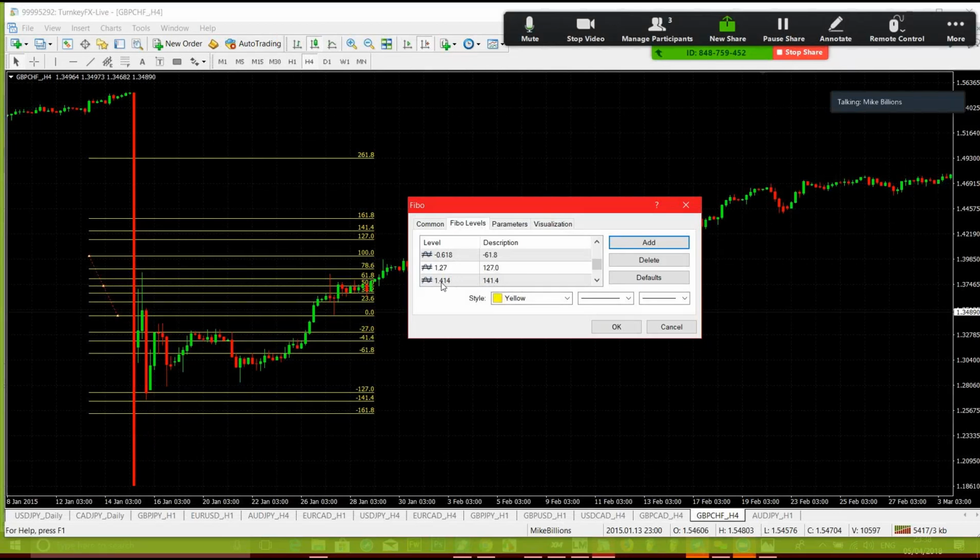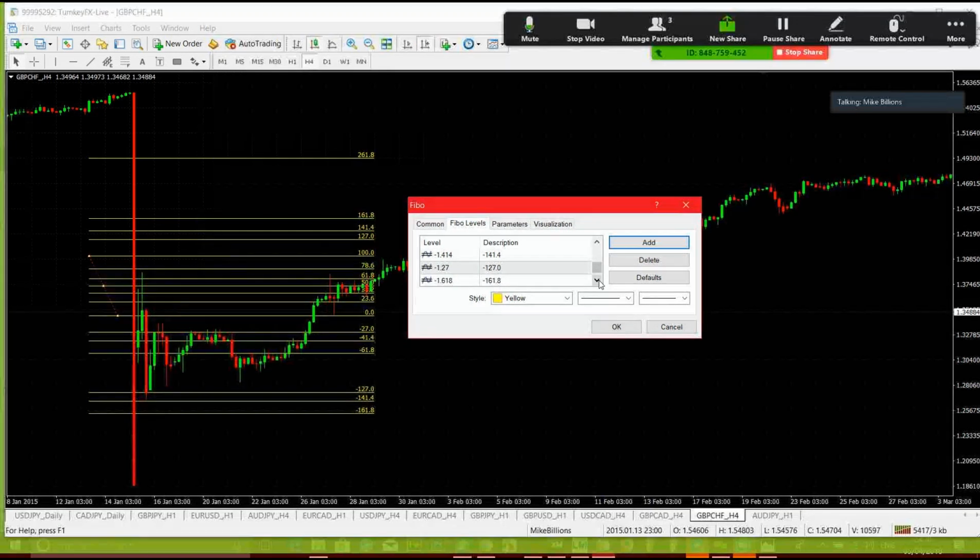Then the next one, 1.414 for level, then 141.4 description. So you see the way it works, 1.414, three decimal places, and then description. The next one is minus 1.414 for the level, and minus 141.4 description.